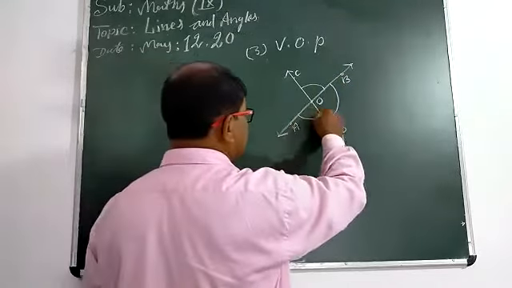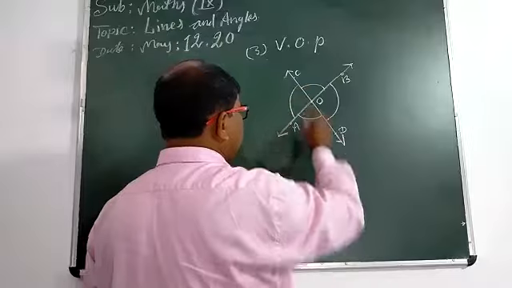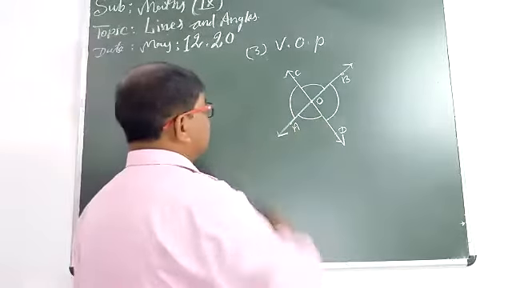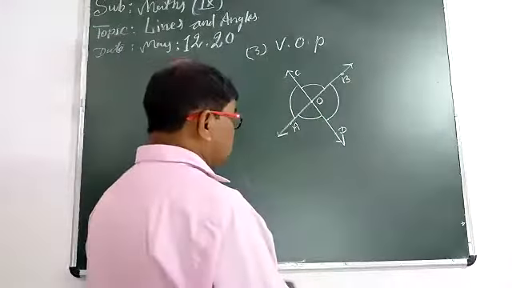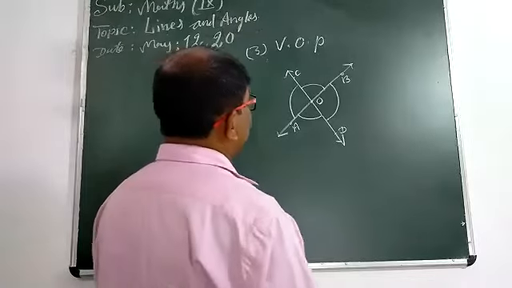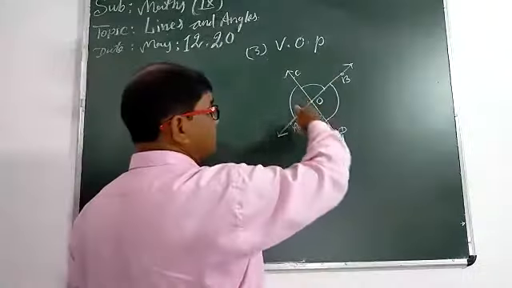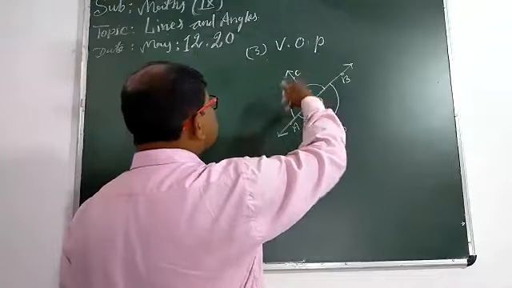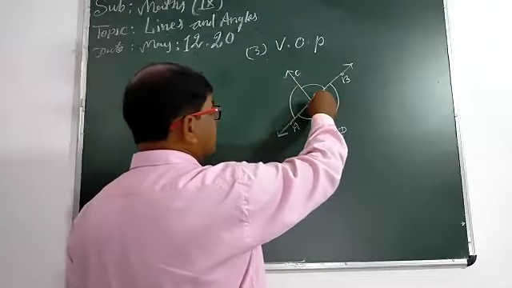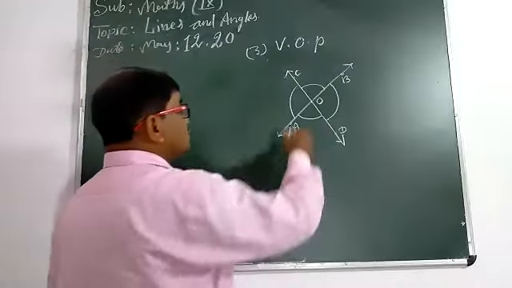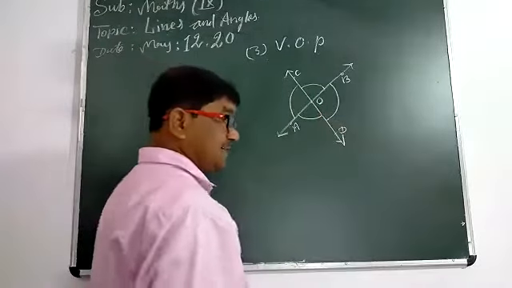Similarly, this is an angle, this is an angle. How many angles? There are 4 angles here when two lines intersect each other at a point. This is one complete line according to this fixed point or intersecting point. So there are 4 angles.